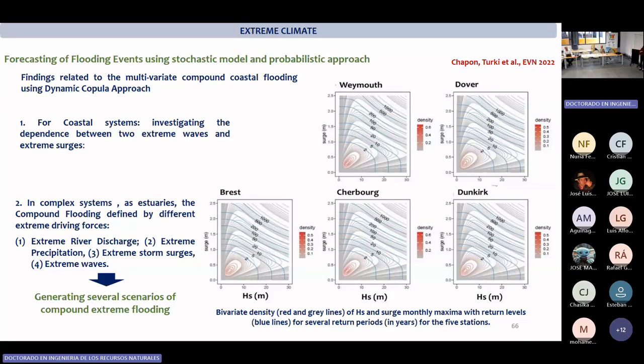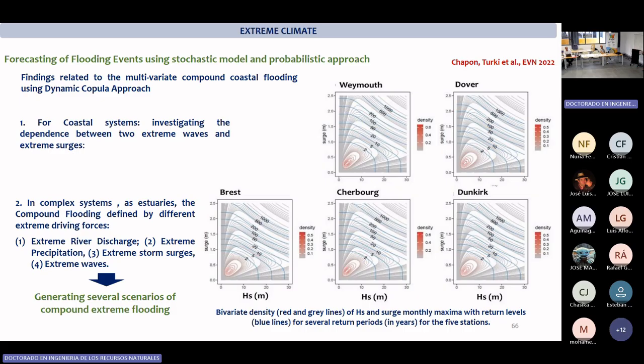But here it's more complicated. Why? Because the hazards do not occur separately, they are compound. So, for example, in the English Channel, we have compound flooding induced by surges and waves.